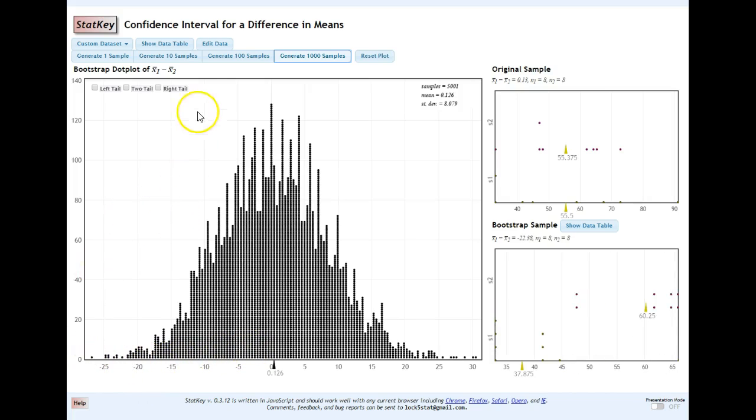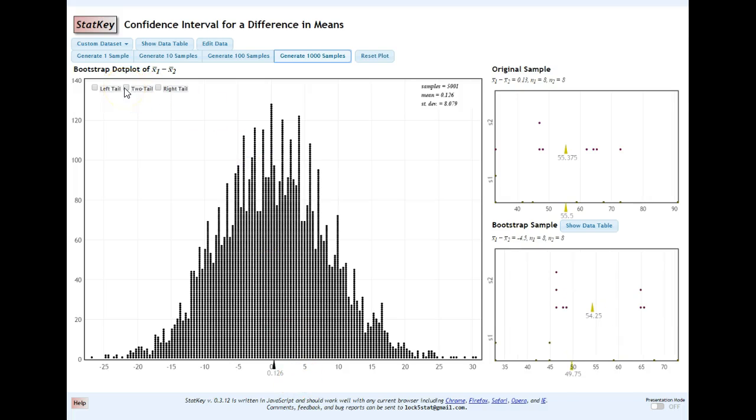And what this curve is suggesting to me is that there is very little difference between the two groups. If I look at my original sample, one has an average of 55.5, the other one 55.3. Meaning that, at least with the types of numbers we're dealing with, given the standard deviation of these numbers, there's almost no difference. The two groups are almost completely identical.